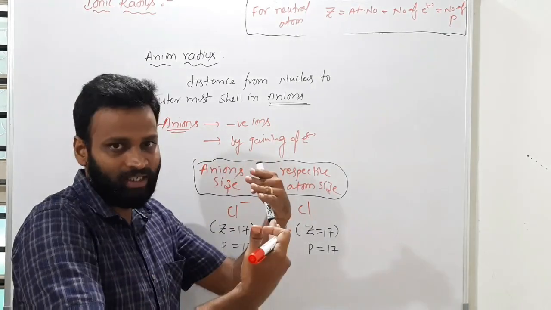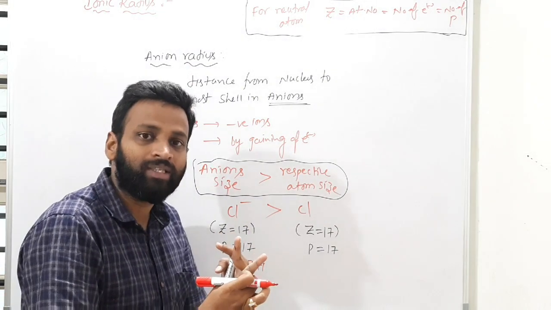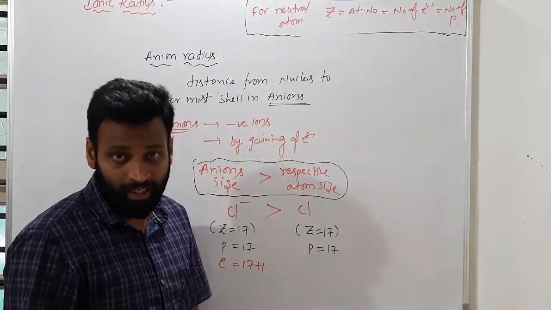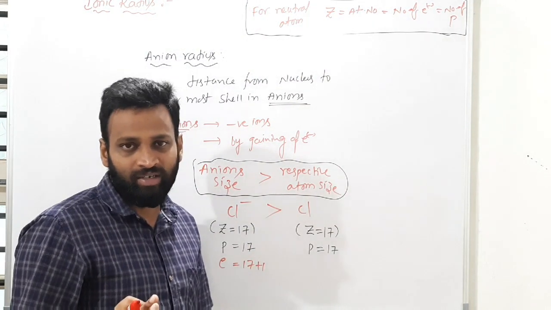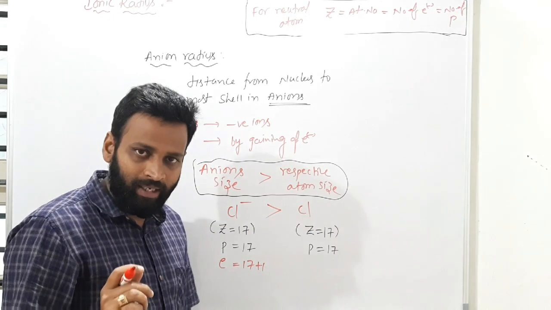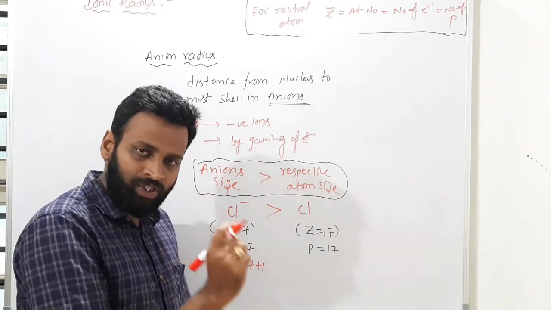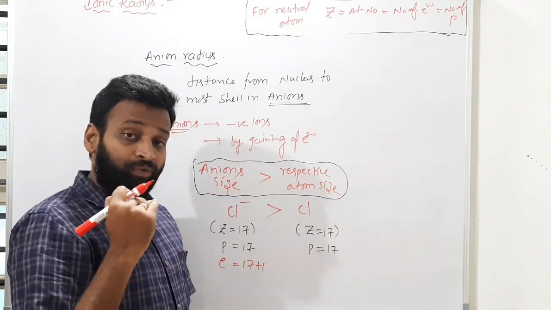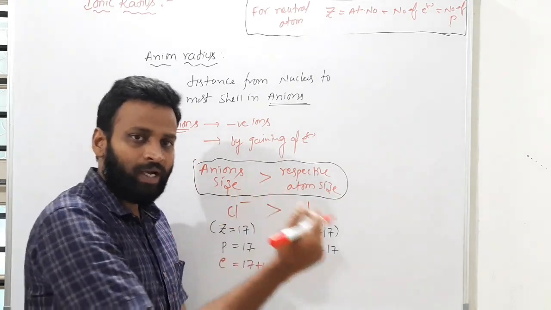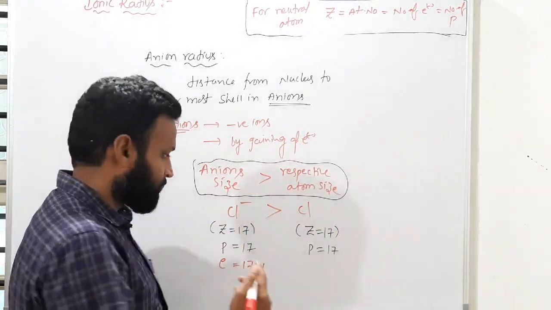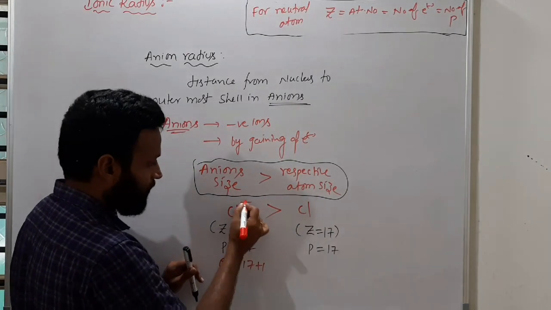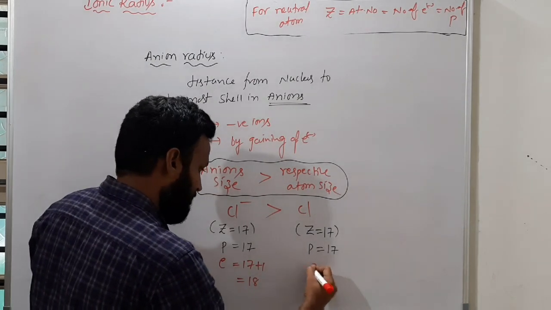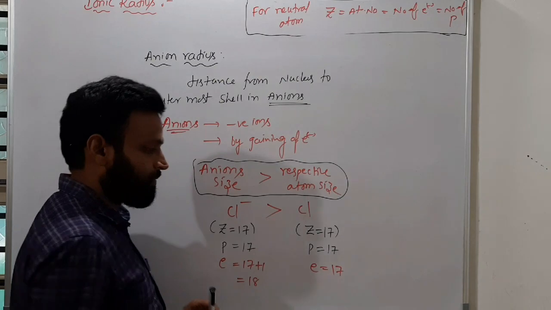For a positive charge, we think the opposite. If an ion has a positive charge, you have to subtract that much; if an ion has a negative charge, we have to add that much. This is very, very important. I repeat: for an ion with positive charge, subtract that much of charge; with negative charge, add that much. So here 17 plus 1, because the charge is minus 1, so 18 electrons are there. Here electrons are just 17, because there is no charge.